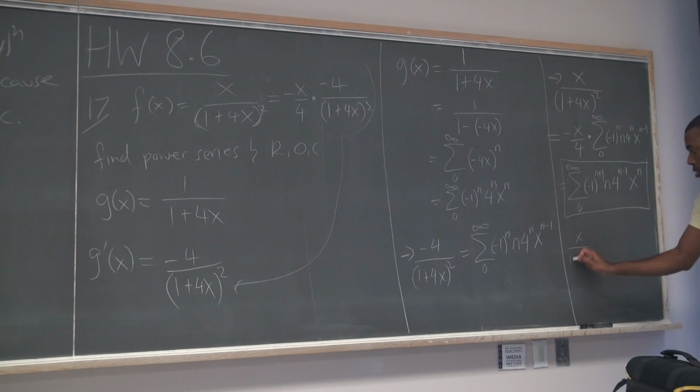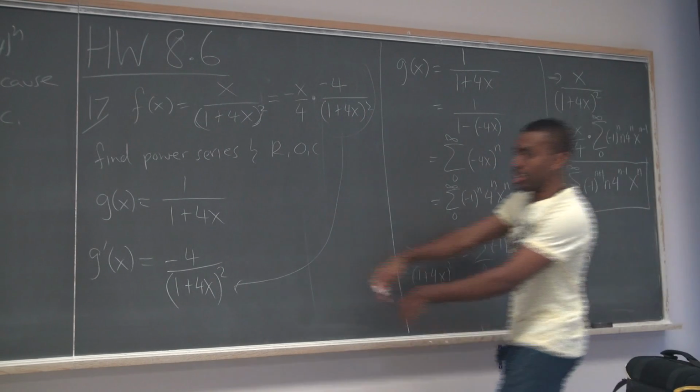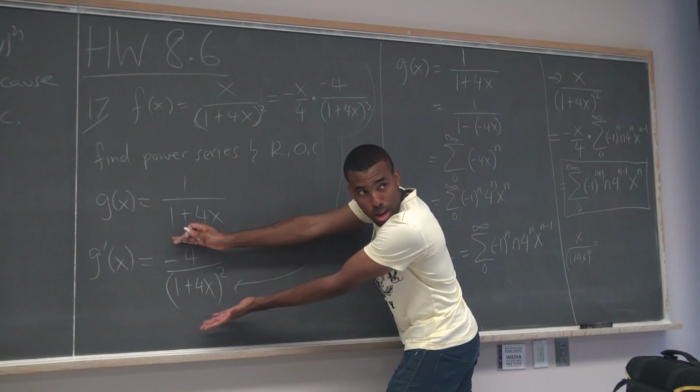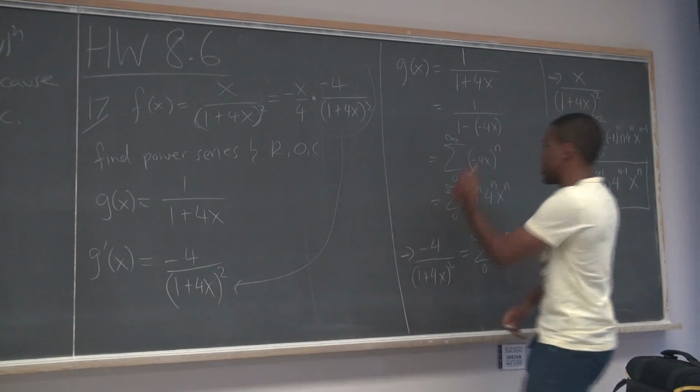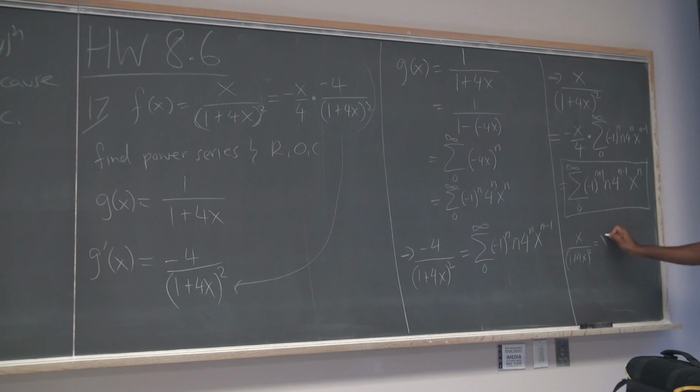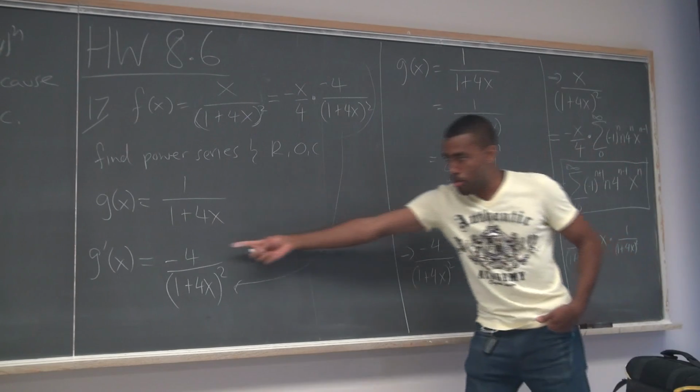Well, I have x over 1 plus 4x squared, right? I want to somehow get this guy in the mix because I know I can get to that guy by just differentiating this. So I just factor off an x. So this gives me 1 over this, but I don't want 1 over that. I want minus 4 over that.